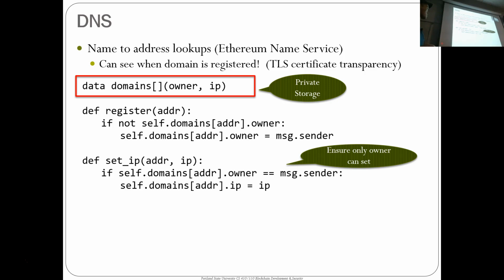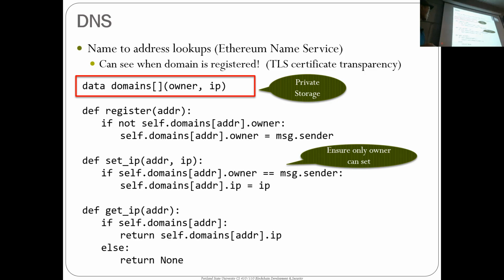Then, as the owner, you can set the address. If the message sender is the owner, I allow that person to send me an IP address that binds the domain. Then I can have everyone else call get IP for a particular name, and you just return that IP address. So this is a really simple way of implementing a name to IP address lookup using a small smart contract, which is what this Ethereum Name Service does.